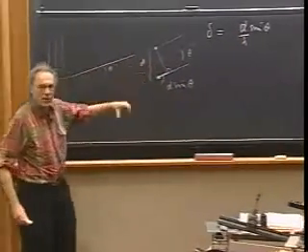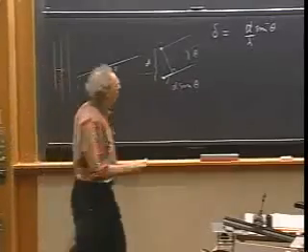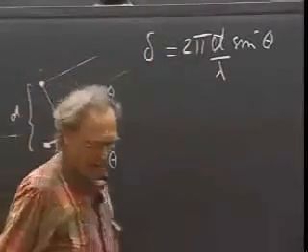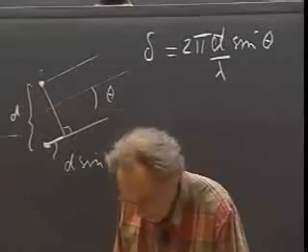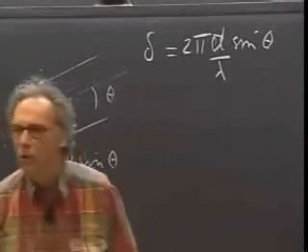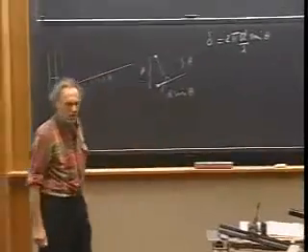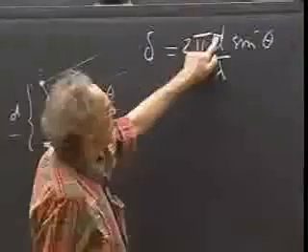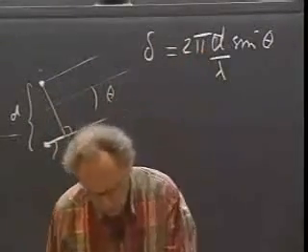For each time that we can fit a wavelength on there, we have a phase difference of 2 pi. So this delta is the phase difference. We had the same equation last time for double slit interference. And if this delta is a multiple of 2 pi, then you will have constructive interference.